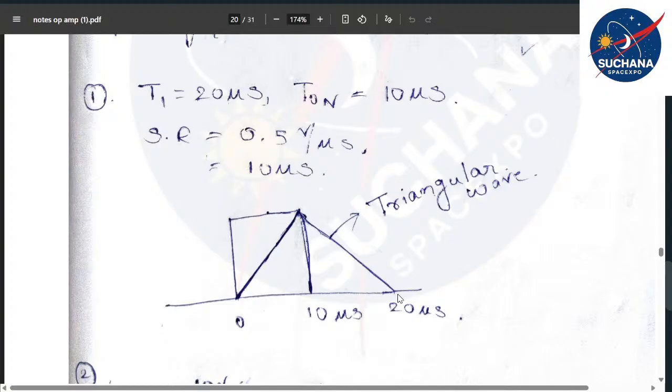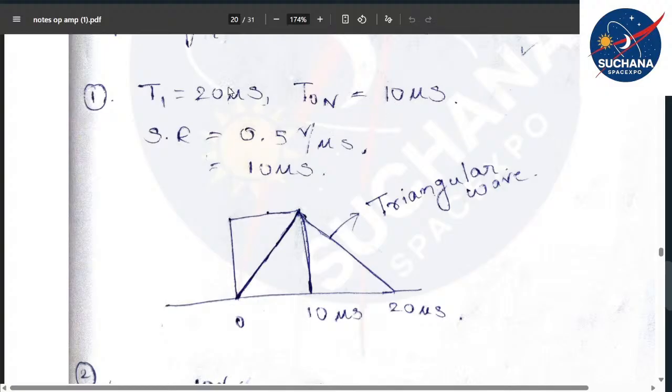Now it is said that the on time is 10 microseconds. That means despite the time period being 20 microseconds, the op amp remained in the on state, so the op amp is functional for only 10 microseconds.